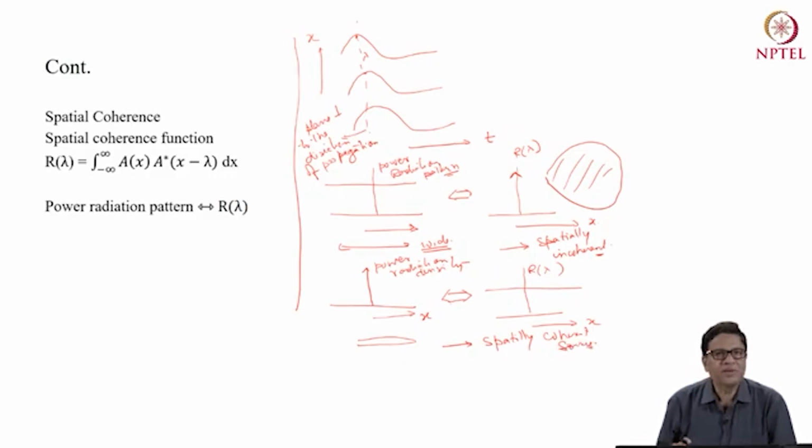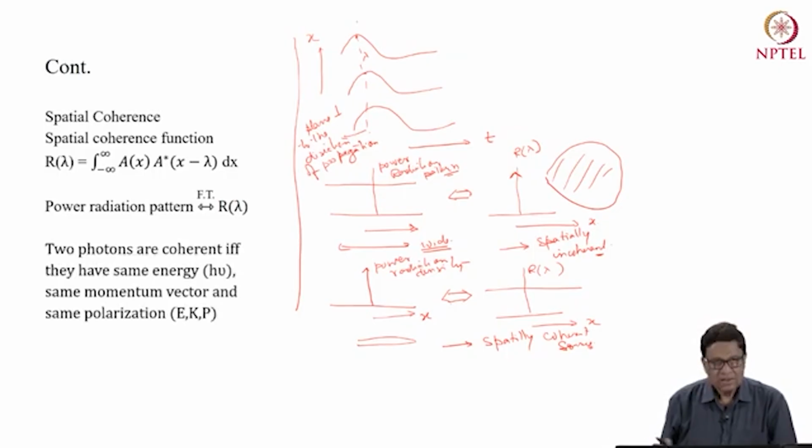So we have understood the difference between temporal coherence and spatial coherence. So the photons which are emitted will be called coherent if and only if they have the same energy, which basically tells that it has a single wavelength, the same momentum vector, which tells about the power radiation direction, that the power is highly directional, and the same polarization.